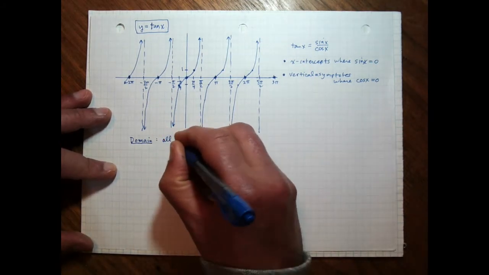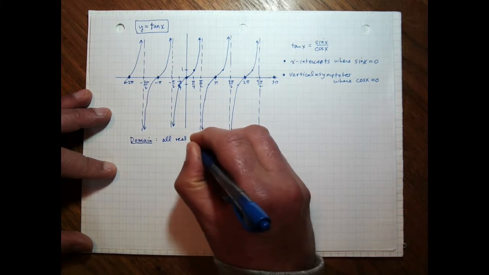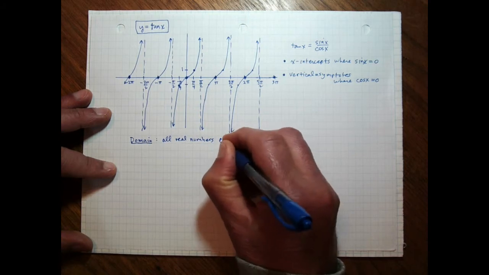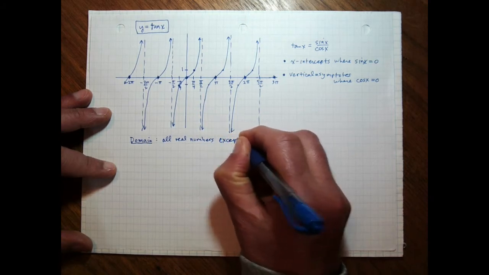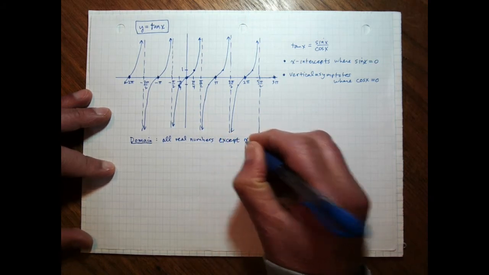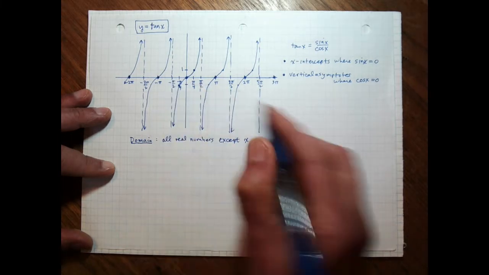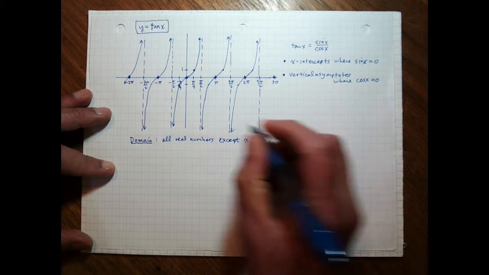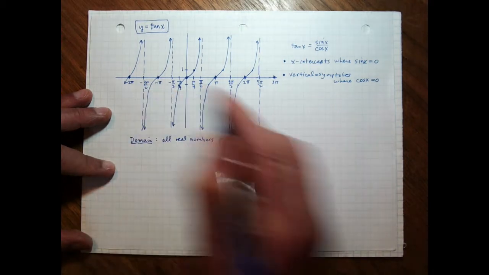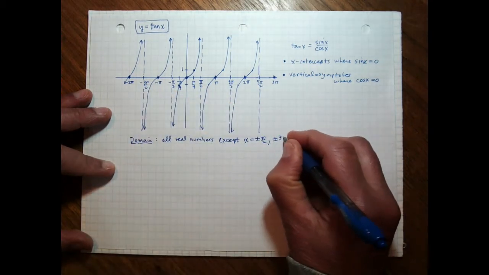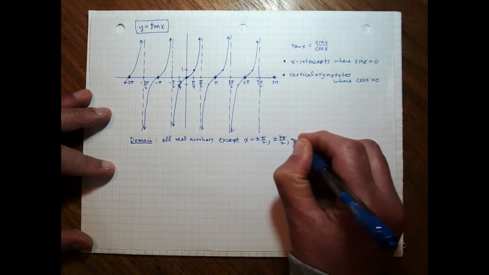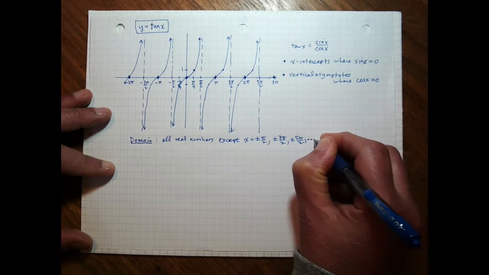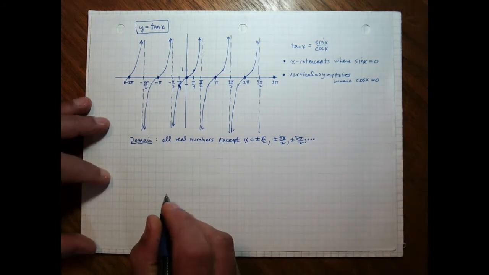We could say in words, all real numbers except where the vertical asymptotes occur. That's at x equals pi over 2 and negative pi over 2. So we could write plus or minus pi over 2, plus or minus 3 pi over 2, plus or minus 5 pi over 2, dot, dot, dot, meaning with the pattern continuing on and on.